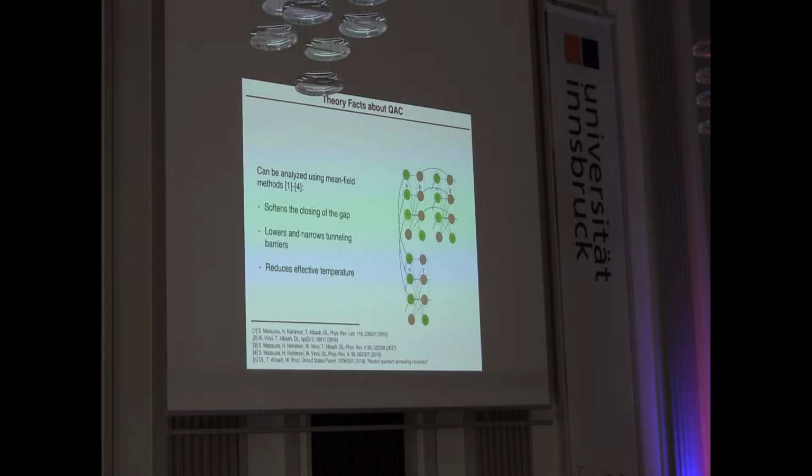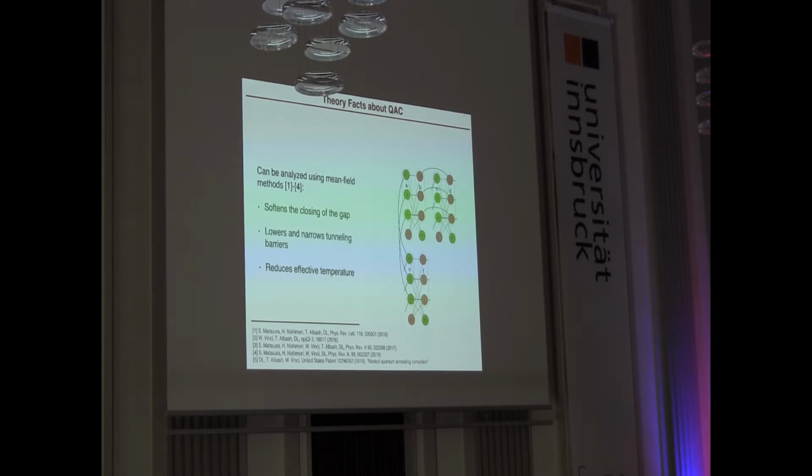Okay, so a few quick theory facts about the scheme. It was analyzed in a number of papers, and Shunji Matsura recently wrote a very nice review paper about it. But here are some of the original literature. There's also a patent that recently came out of this work. So essentially the conclusion from the mean field theory analysis is that this scheme has a number of beneficial effects. It softens the closing of the gap, meaning the gap doesn't close as fast, typically.